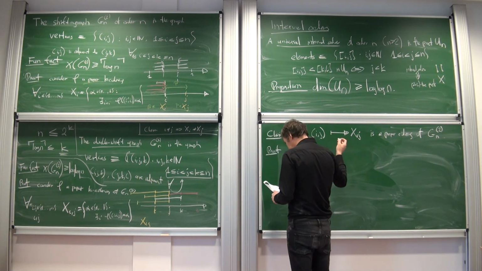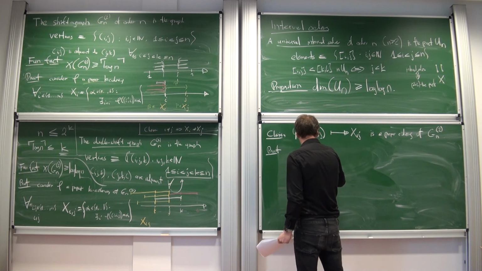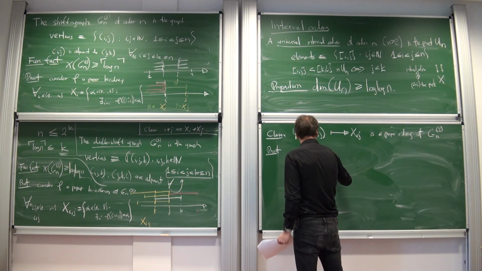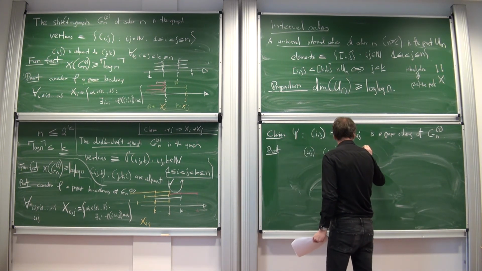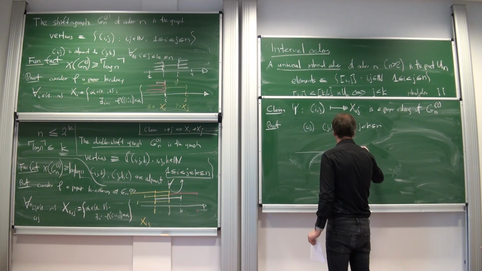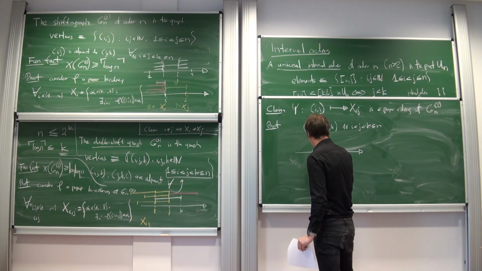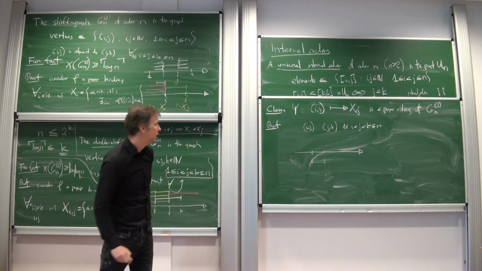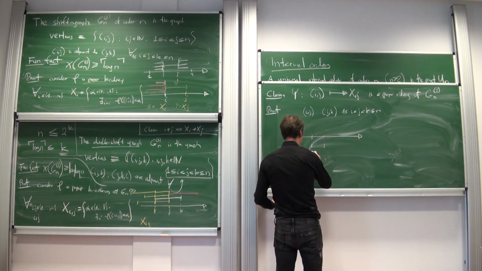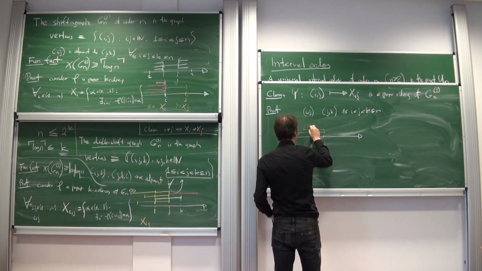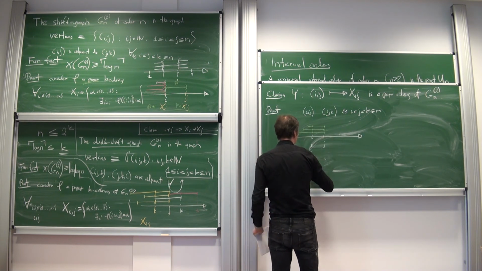Why is it so? Well, look at (i, j), and look at (j, k), with i less than j less than k. And now, what do we see here? We have i and j, and we have the set X_ij, and these will be the green ones here. We collect all the colors of the green ones. That's the X_ij.